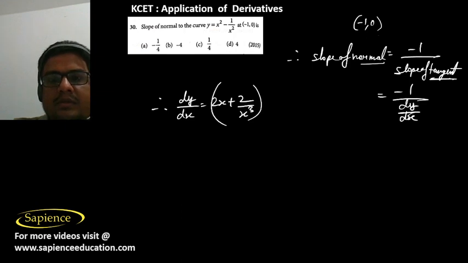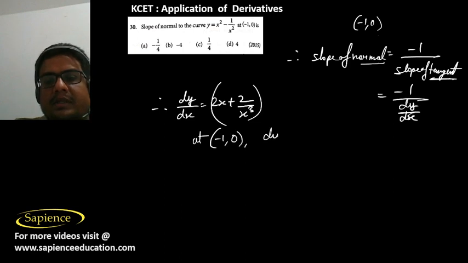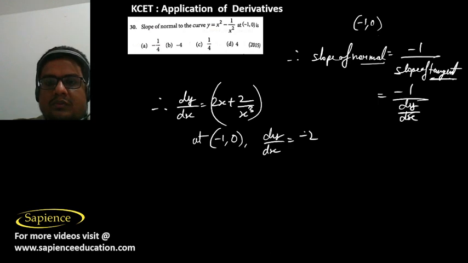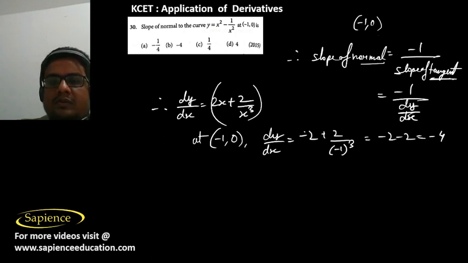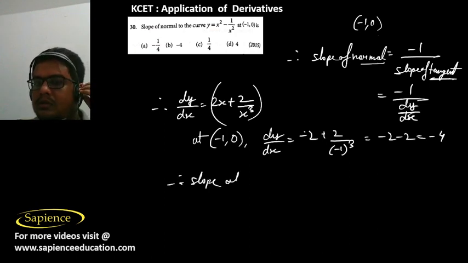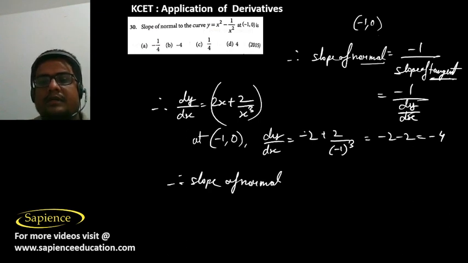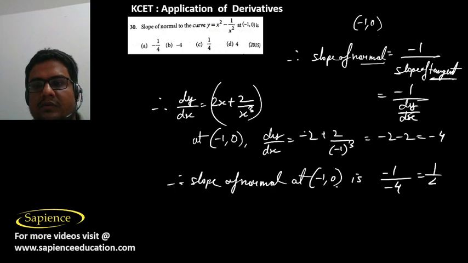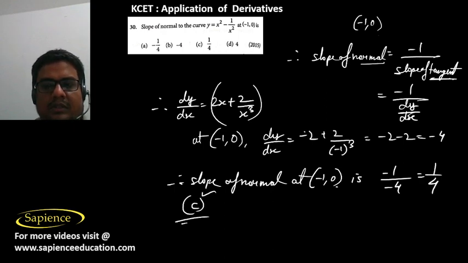At x equal to minus 1, dy by dx is equal to 2 by 1 whole cube. So the slope of the normal at minus 1 comma 0 is 1 by minus 4. Option C is the answer.